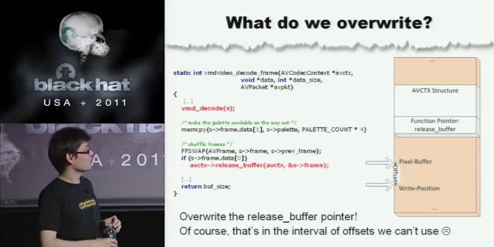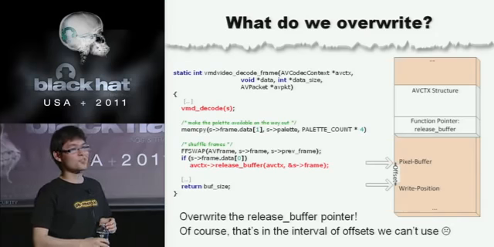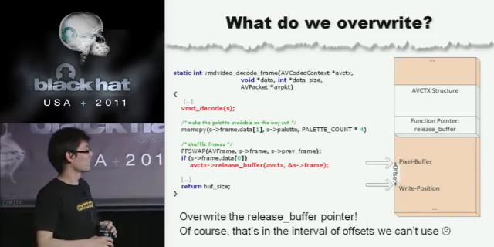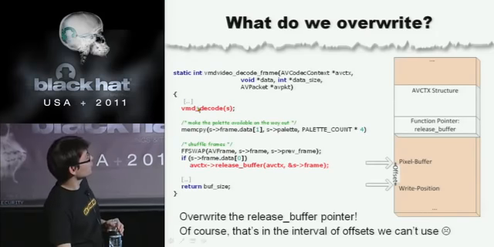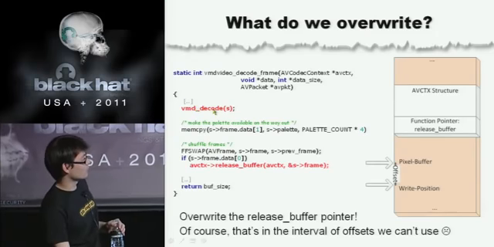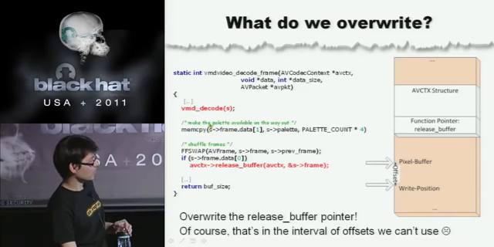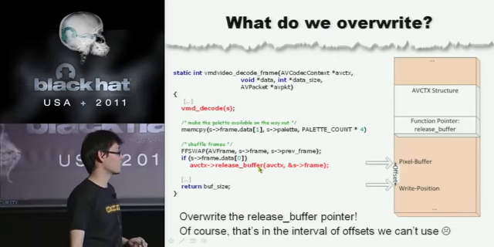But first, let's consider, what do we want to overwrite? Does this limitation even affect us? And it turns out that shortly after the vulnerable function vmddcode is called, we get a call to avctx release buffer, and this is a function pointer. And if we can overwrite this function pointer, then obviously we can redirect the flow of execution.